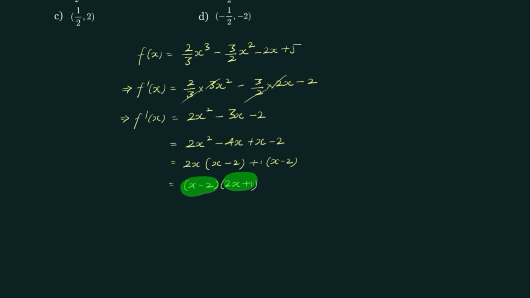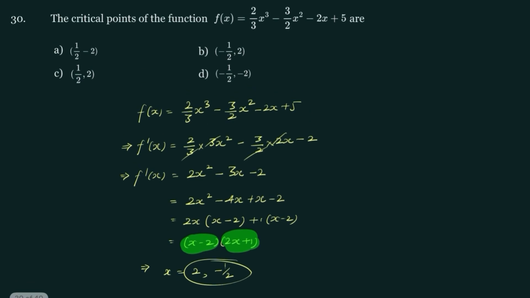And if I equate 2x plus 1 with 0, then my critical point will be minus 1 by 2. That means the critical points of x are 2 and minus 1 by 2. So here the correct option is option B, we have positive 2 and minus 1 by 2. So this is the correct answer.